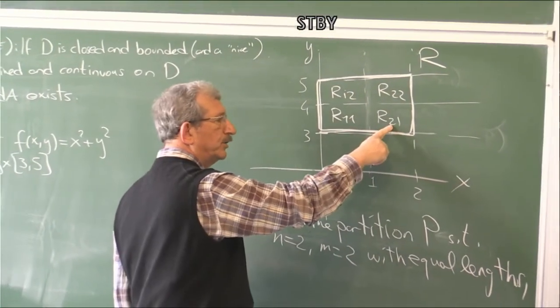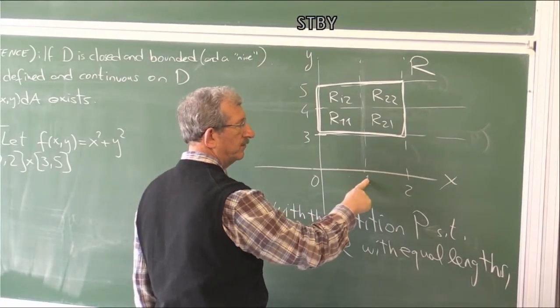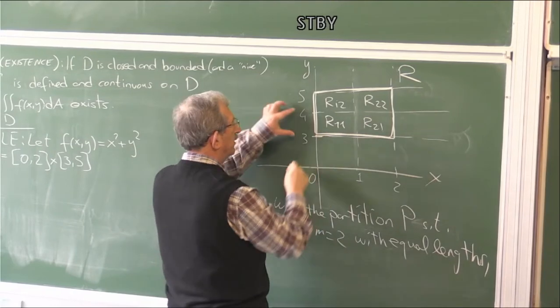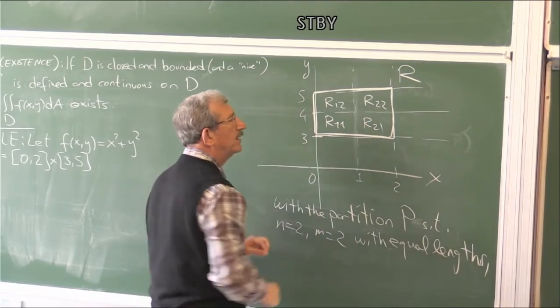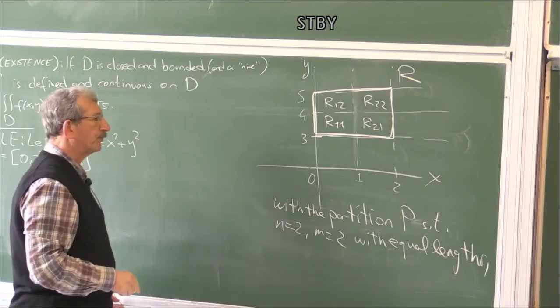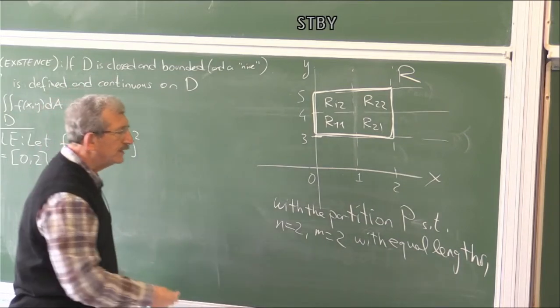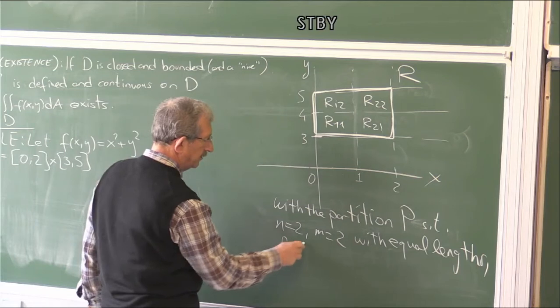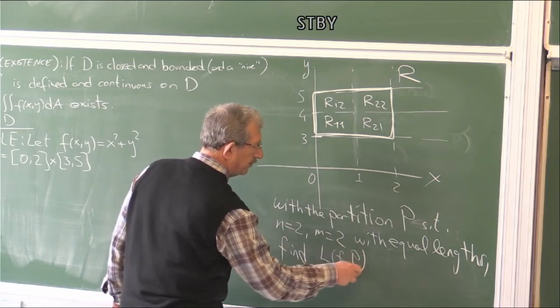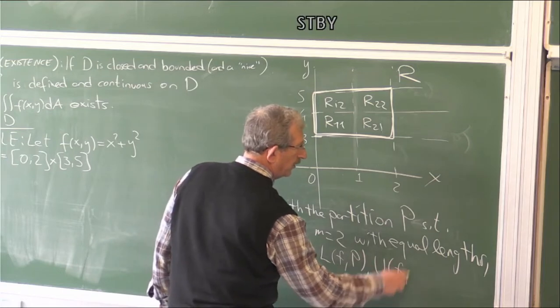Here i is 2, so I'm in this interval, but j is 1, so I'm in this part. So I get the rectangle R21. So the question is, find LFP and UFP.